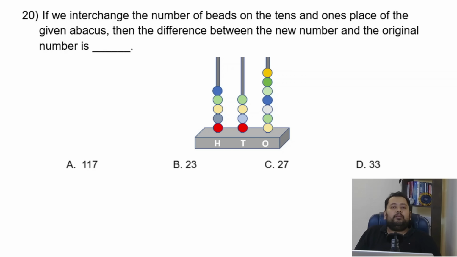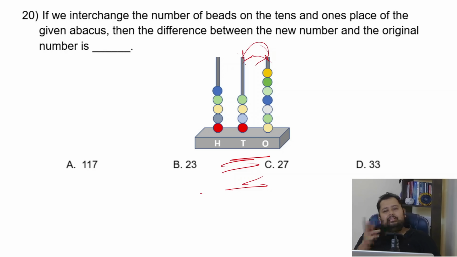If we interchange the number of beads on the tens and ones place of the given abacus, then the difference between the new number and the original number is what? So this is the original number. First find out what the original number is, right? And then if the number of beads from ones goes to this side and the number of beads in the tens go to this side, then what the number would be, and then you just have to do a simple subtraction, right?